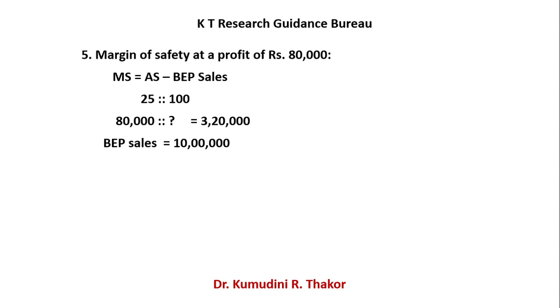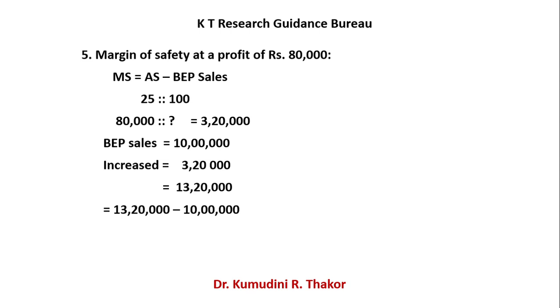BEP sales is 10 lakhs, which you already found out, and increased by 3,20,000 equals 13 lakhs 20,000. So 13 lakh 20,000 minus 10 lakhs is equal to 3 lakh 20,000.